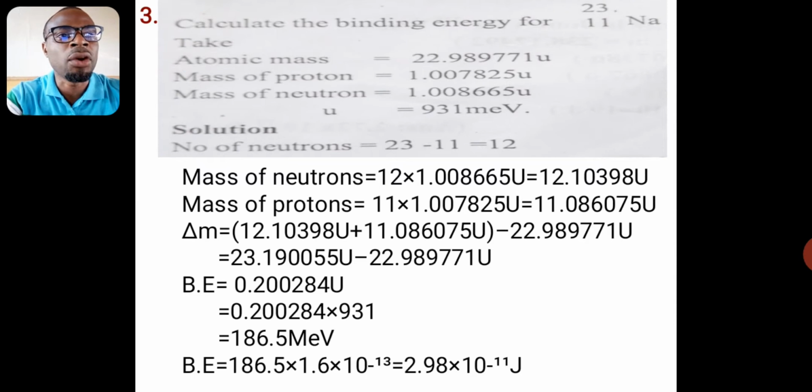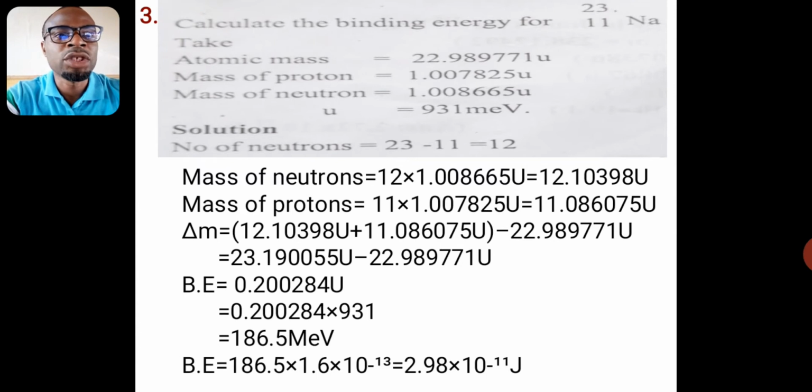Calculate the binding energy for sodium 23. That is, the mass number is 23 and the atomic number is 11. Please pay attention very well. This calculation is very, very important in your school exam and WAEC.